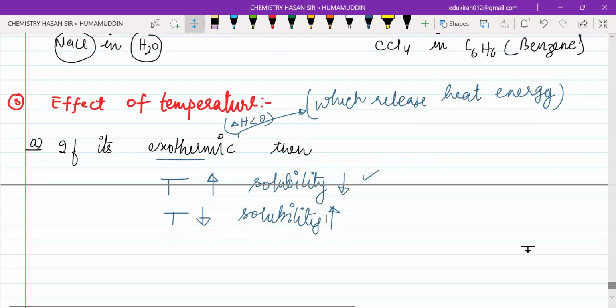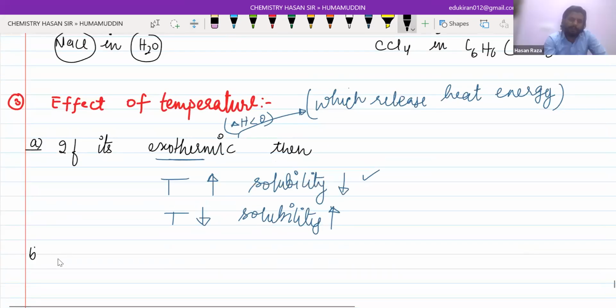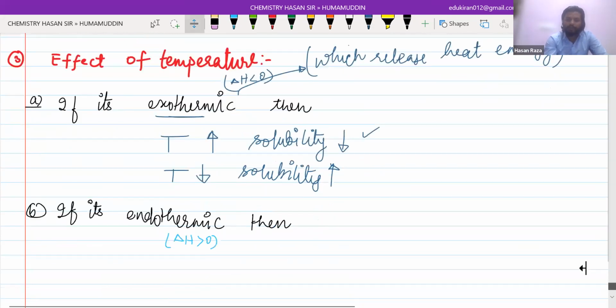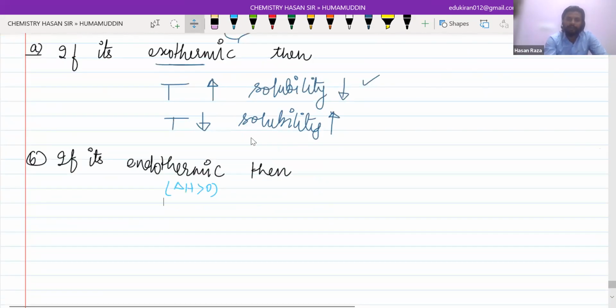Yes, sir. Okay. And if it is endothermic, delta H here will be greater than 0, that means positive. Endothermic is a process which requires heat energy.